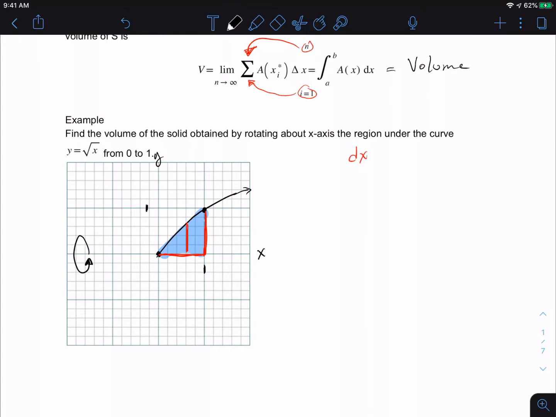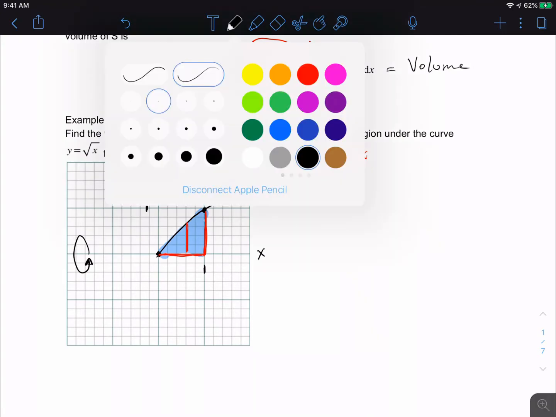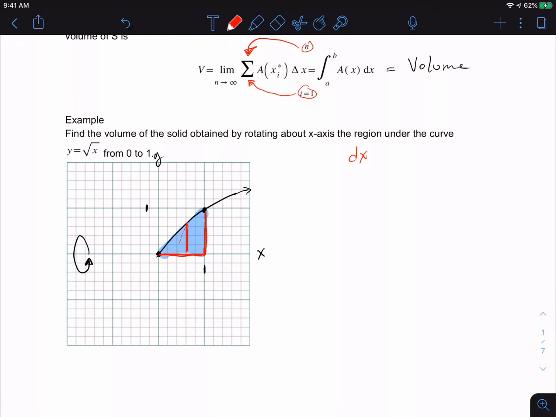So when I think about this, I'll do this in red so you guys can see, I'm going to be forming what is that? At that cross-sectional slice, you end up seeing that the height of the function to the x-axis is what? To that shape that I just drew.